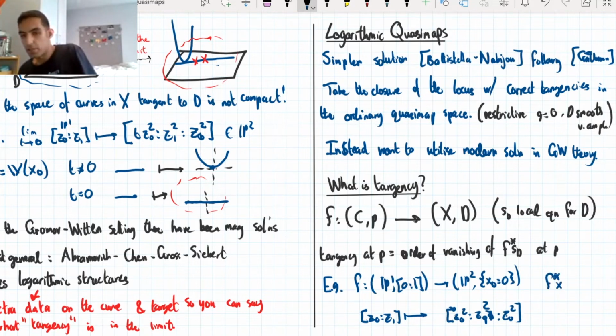Then this has tangency 2, because the pullback of the equation for X0 is Z0 squared. So it has tangency 2 at the point 0, 1.